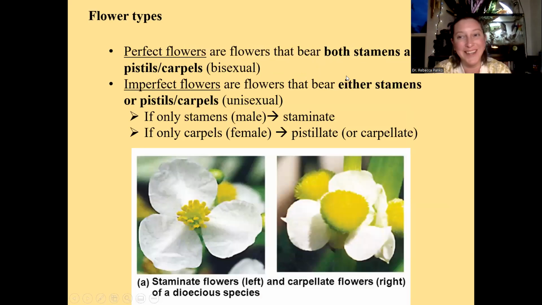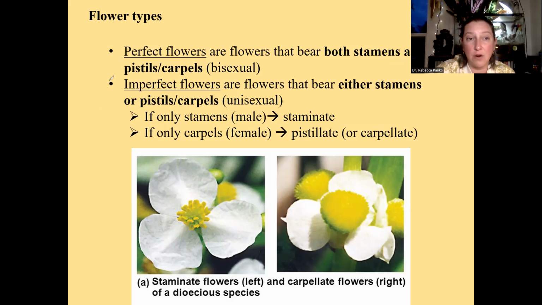As opposed to perfect and imperfect flowers. These words, perfect and imperfect, refer to the sex structures. If a flower has both sex structures, the male and female sex structures, we call it a perfect flower.